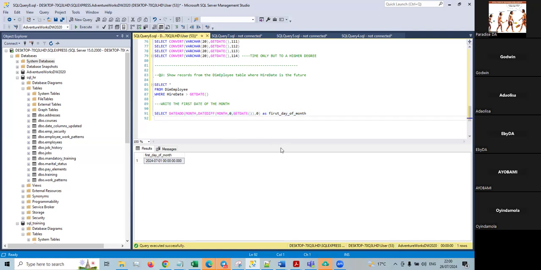Or in much the same way, we can get the last day of the month. Again, the last day is tricky because we don't have the same number of days in every single month. Again, here will be select.